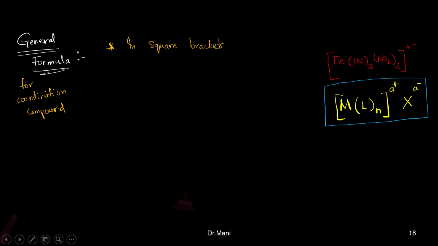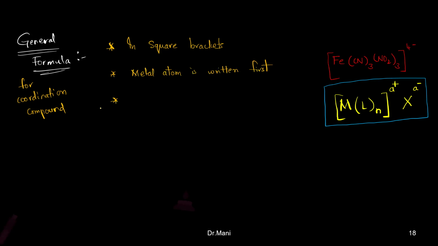This is an important thing. Next, after putting in the square brackets, the first thing you need to write is the metal atom. Here, iron is the metal atom, so M means the metal atom. So remember, the metal atom is written first. That's the second important thing.